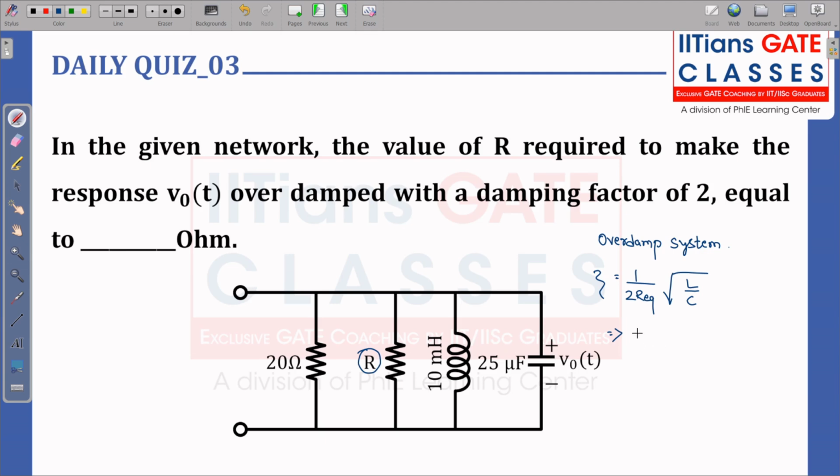So zeta is given as 2, equal to 1 by 2 R equivalent times the square root of L, which is 10 to the power minus 2, divided by C, which is 25 into 10 to the power minus 6.